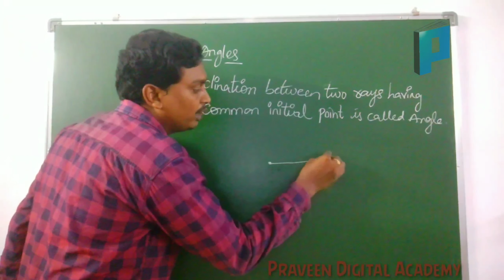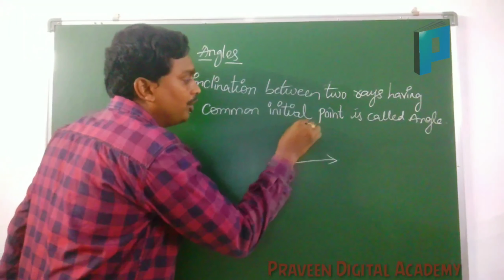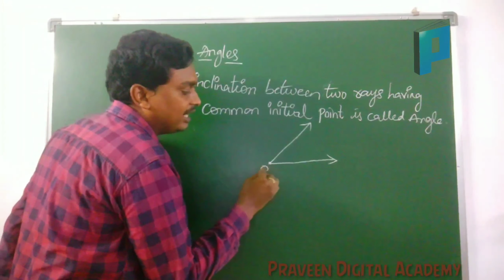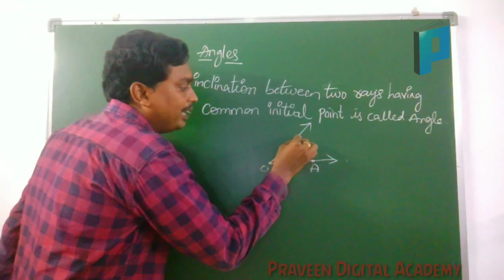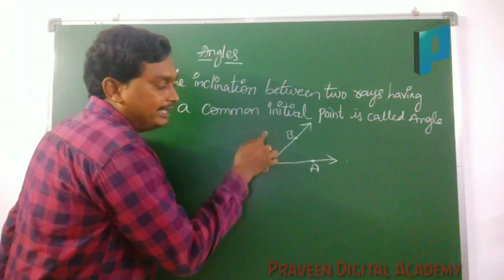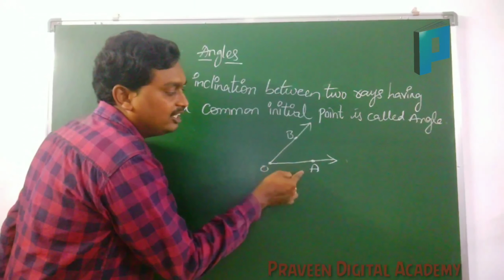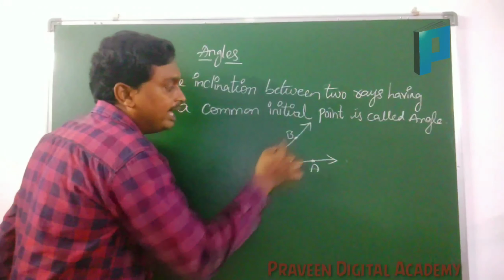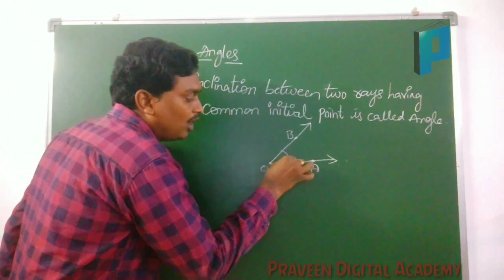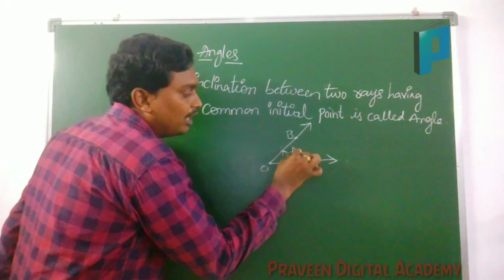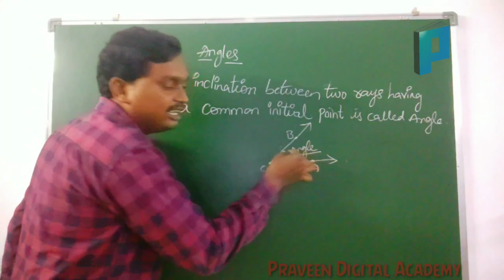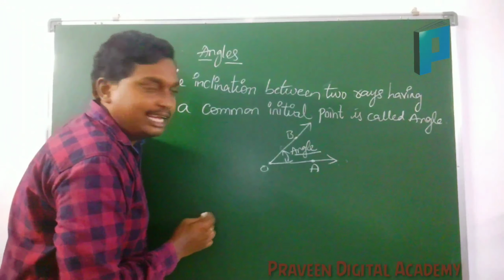Here the two rays are drawn like this. Let us take OA as one ray and OB as another ray. The inclination between these two rays, this OA ray and OB ray, is called angle.